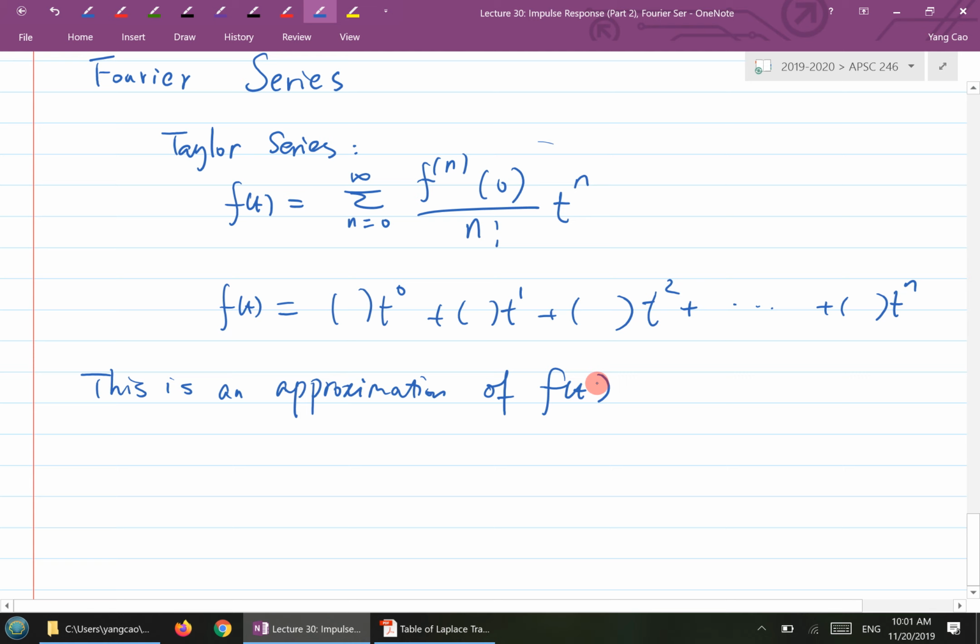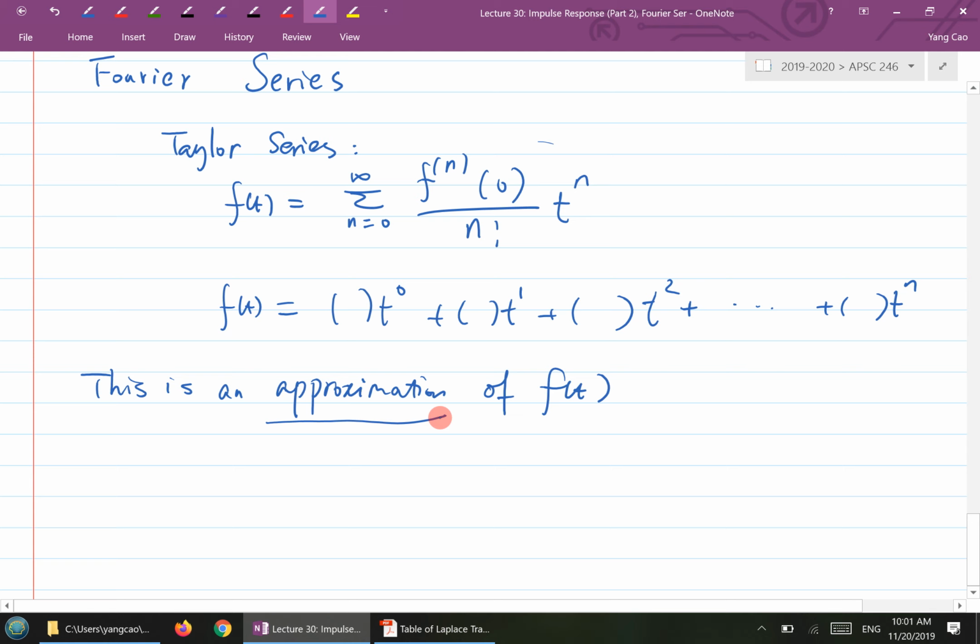You're using an alternative way to describe f of t. It's a little bit of a lengthy way, because you're using an infinite number of terms to represent f of t. If you use a finite number of terms, then it's an approximation. If it's an infinite number of terms, then it's actually the same as f of t.